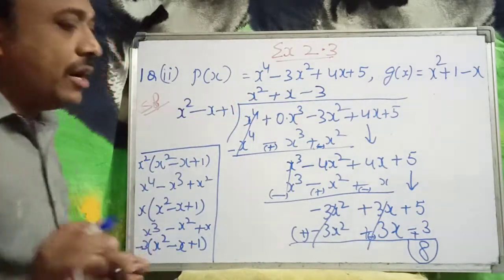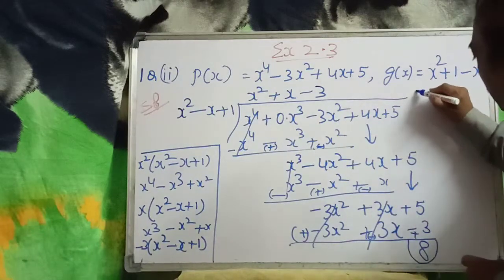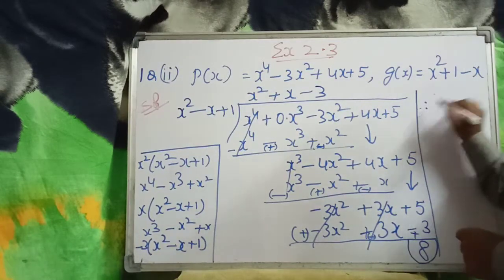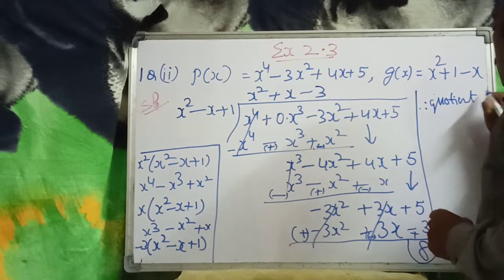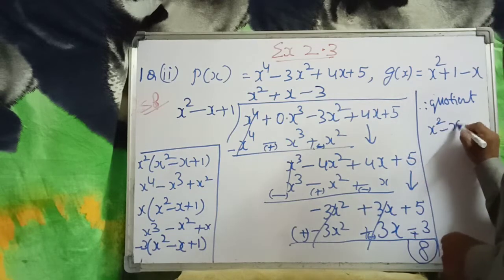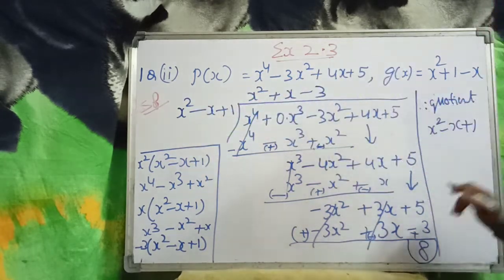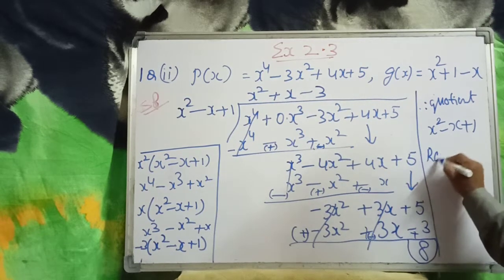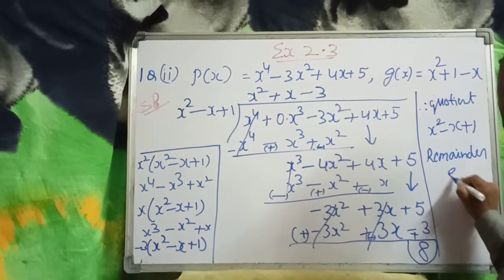Therefore the quotient is x square minus x plus 1, and the remainder is 8.